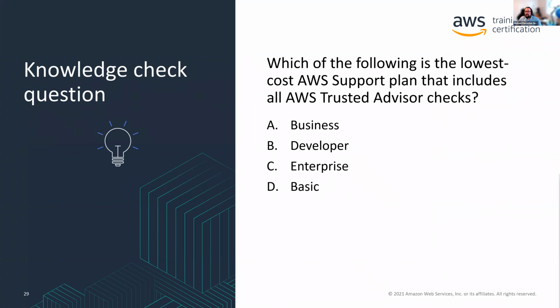Okay. So out of basic, developer, business, enterprise, which of these is the lowest cost AWS support plan that includes all of the AWS trusted advisor checks?